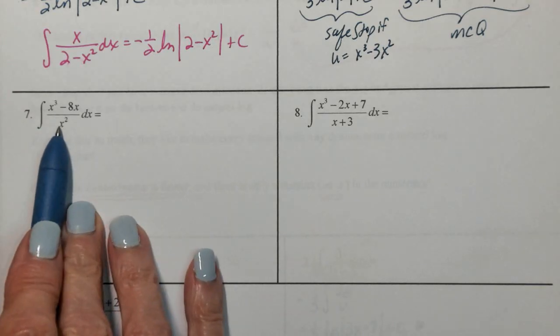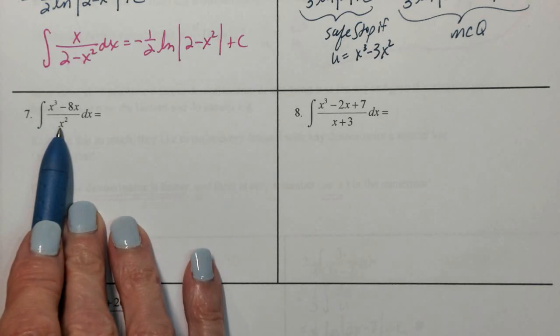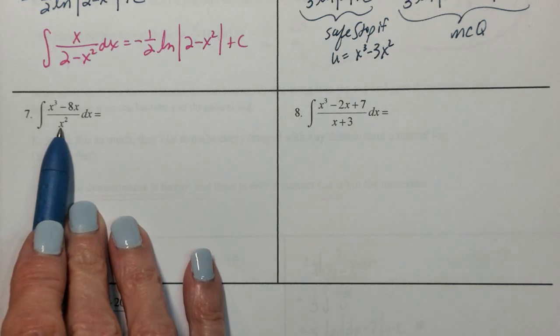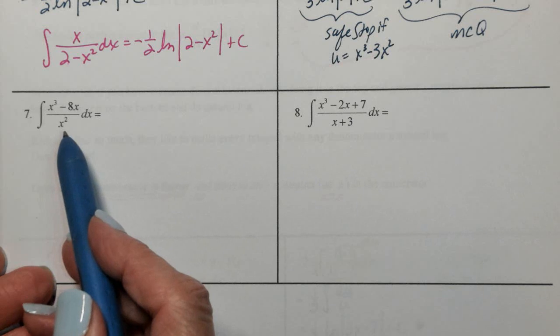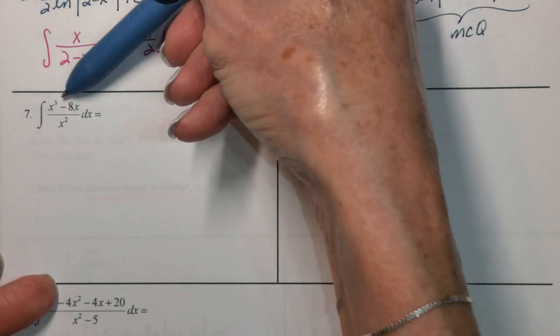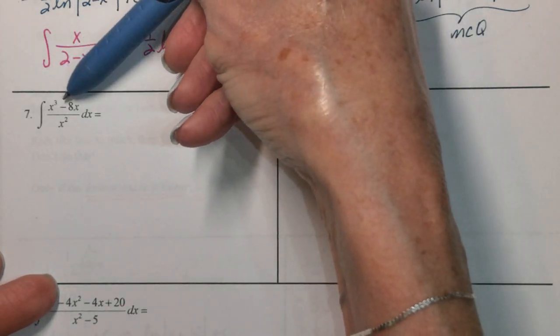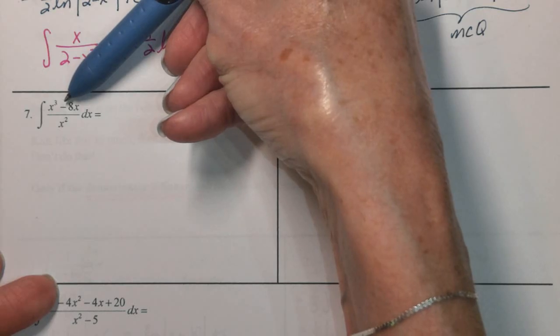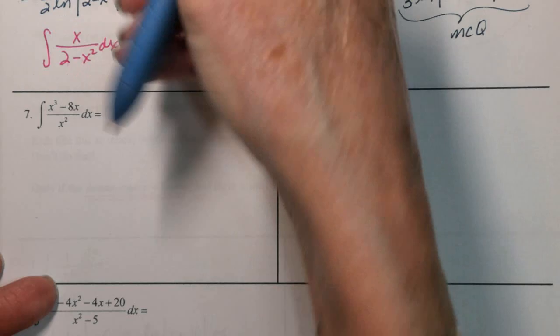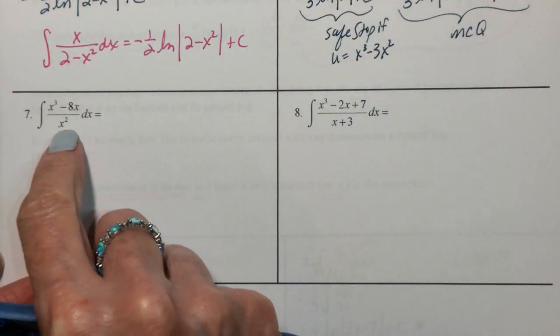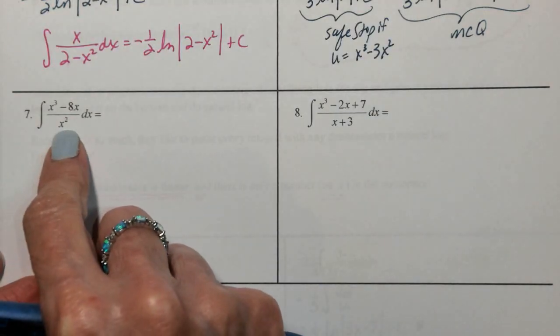The bottom is not linear, so initially this is not an ln. So my question becomes, if I let u be the entire bottom, could its derivative be on top? Absolutely not, right? There is no way we can get an x cubed from taking the derivative of an x squared. Okay?